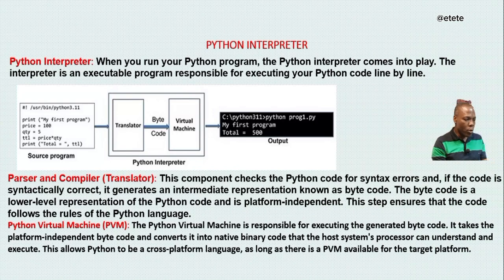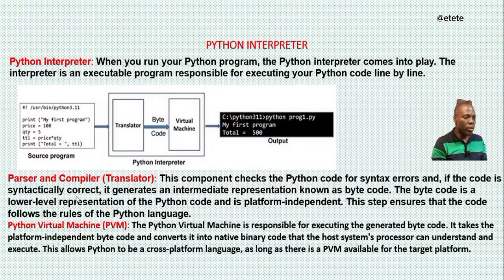Now, when you write a code, the Python interpreter has two major parts, which are the translator and the virtual machine. The parser and the compiler, these two of them, are known as the translator. This is just a very simple diagram; a lot of activities are going on behind the scenes, but it is just for you to understand how the flow is done. This component checks the Python code for syntax errors, and if the code is syntactically correct, it generates an intermediate representation known as bytecode, which is what we are seeing here.